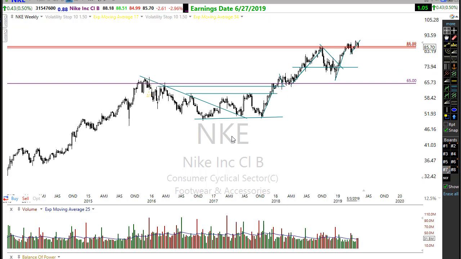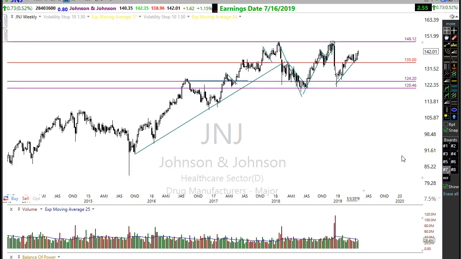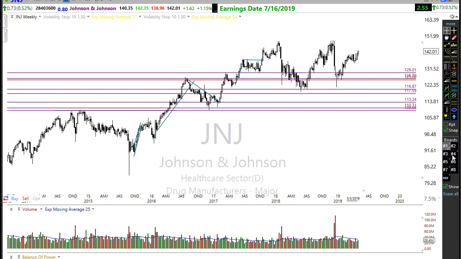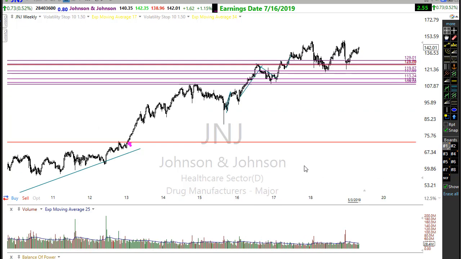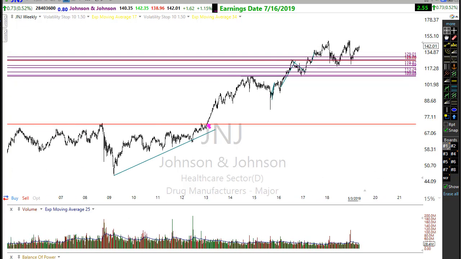Okay. I'm going to show you some old charts here. I show this one a lot because this was just such a great trade for me. There's that big rising wedge. There's my entry.